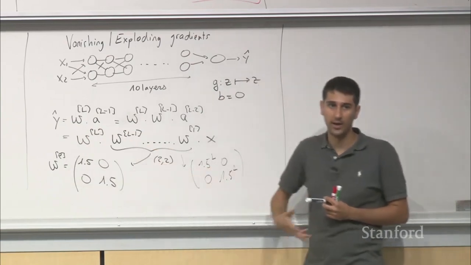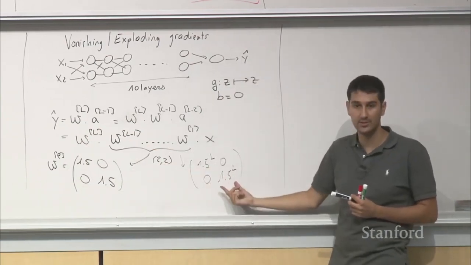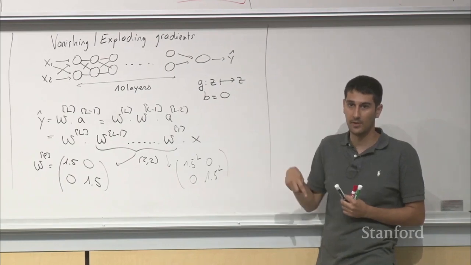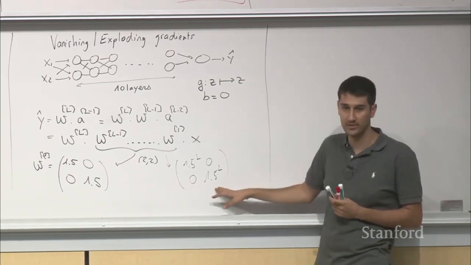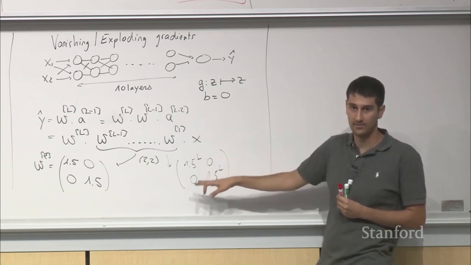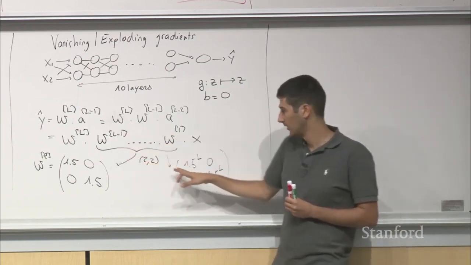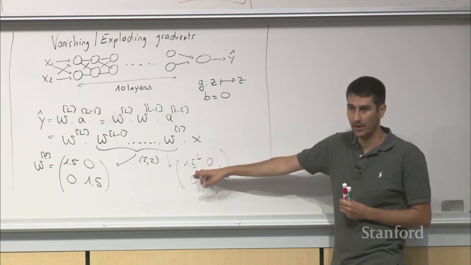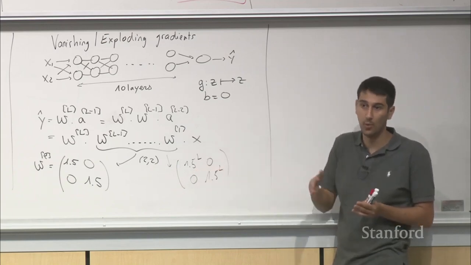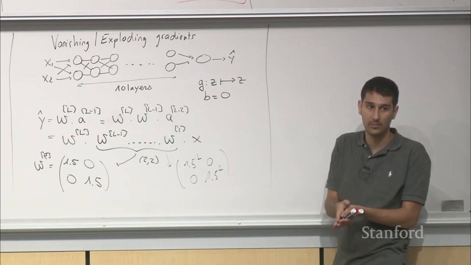It will make the value of y hat explode just because this number is a tiny little bit more than 1. Same phenomenon if we had 0.5 instead of 1.5 here: the multiplicative value of all these matrices will be 0.5 to the power L here, 0.5 to the power L here, and y hat will always be very close to 0.